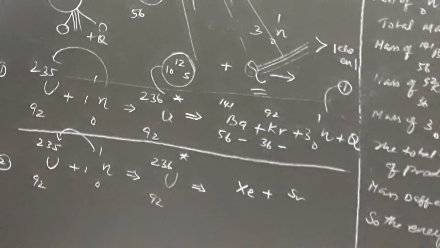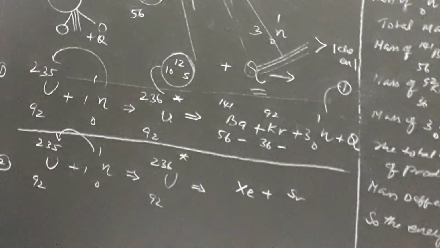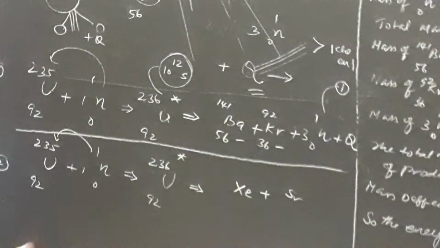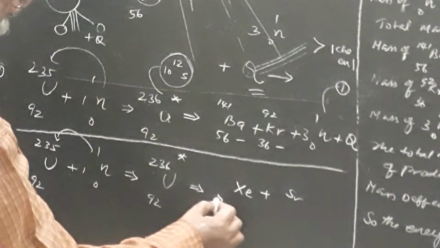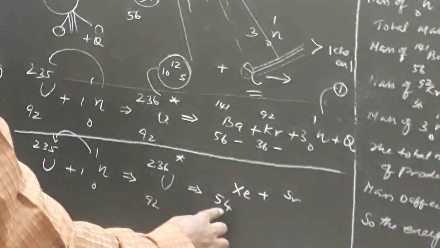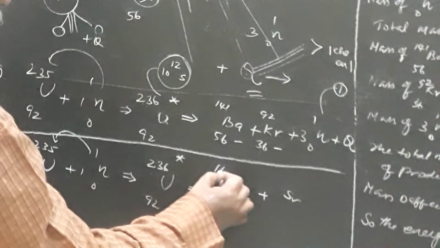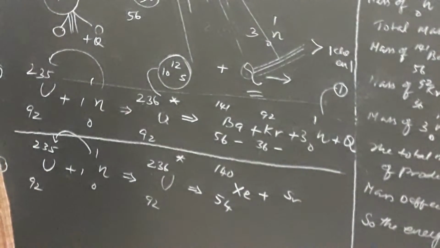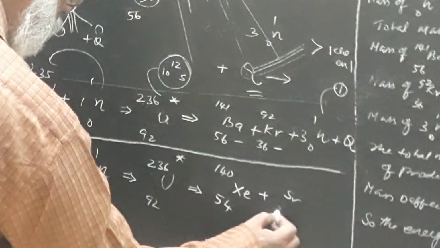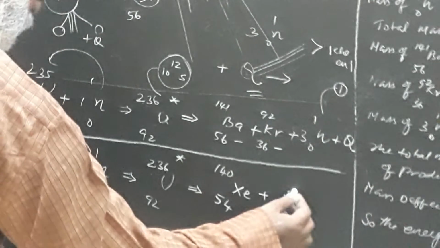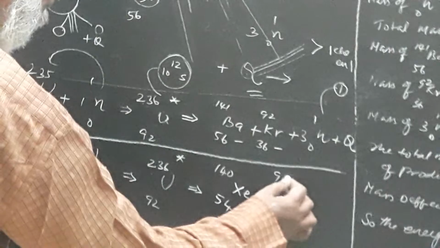Xenon is 54. 54 is the atomic number of xenon, and 140 is the mass number of xenon. Strontium has atomic number 38, and mass number 94.